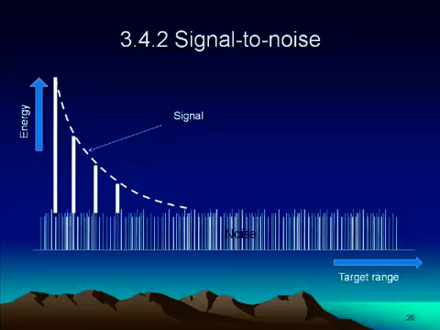If the target is beyond this, then the radar will not be able to respond properly and the operator will not be able to decide the presence or absence of a target, or anything about the targets.